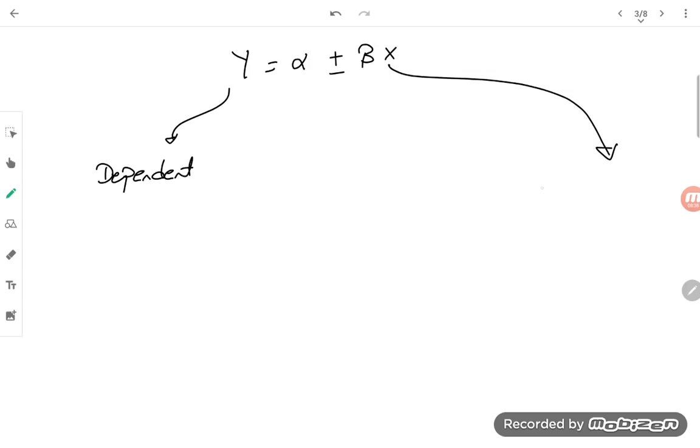The commonly used mathematical form for any relation is that y equals alpha plus or minus beta x, where y is the dependent variable, x is the independent or the explanatory variable, positive or negative is the sign, which is the answer of question number 3. Alpha and beta are the parameters.